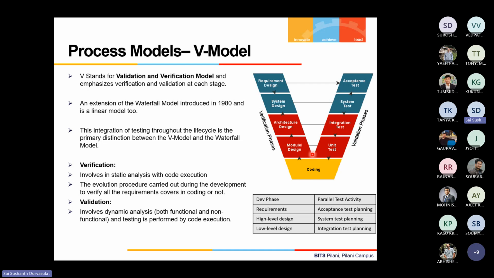That is how the name for this model came in, and it stands for validation and verification. Verification is the same as the waterfall model that we had earlier, but what changes here is essentially the ability to test each phase step by step.